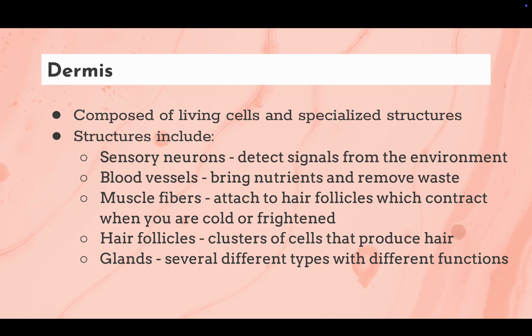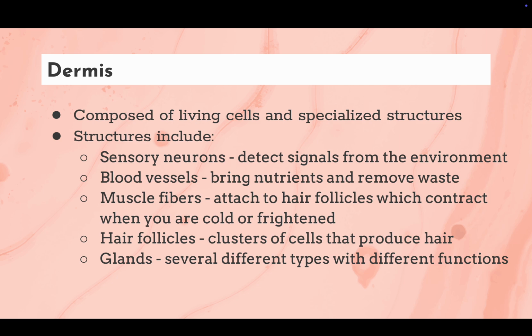Within this single layer, you have several specialized structures that you need to know the functions of, and also need to be able to label. These include sensory neurons. Sensory, so think senses. These are nerve cells that send signals from the outside environment to your brain. This is how you feel with your skin.